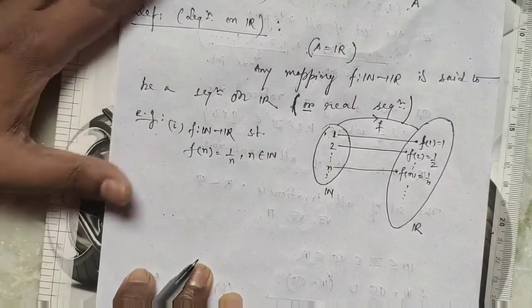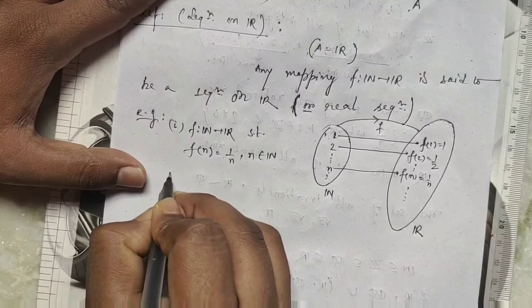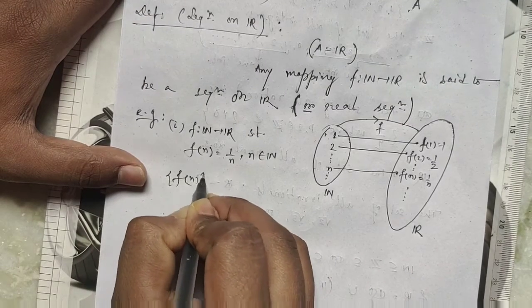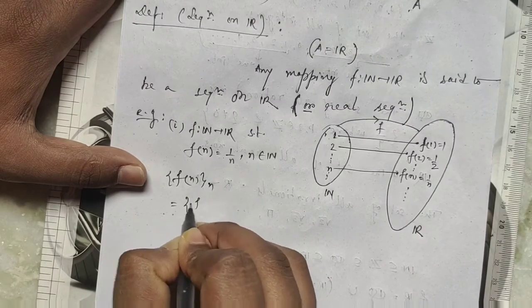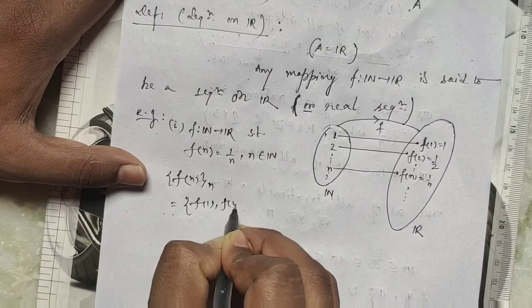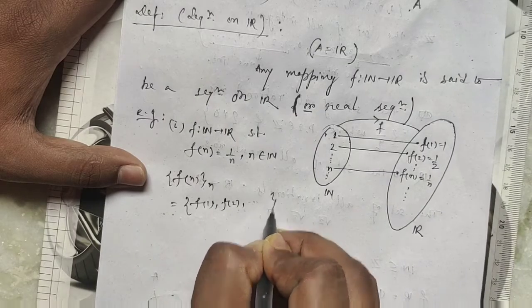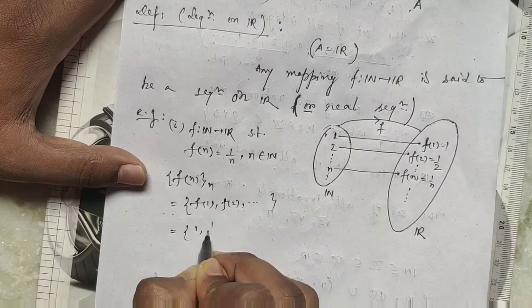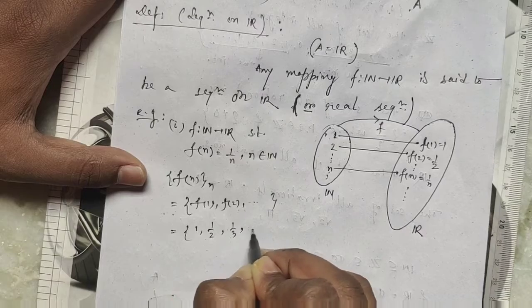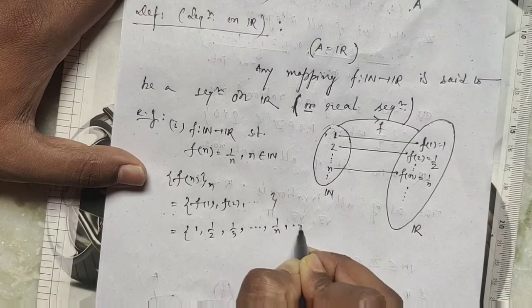So the sequence is f of 1, f of 2, and so on, that is 1, 1 half, 1 by 3, 1 by n, and so on.